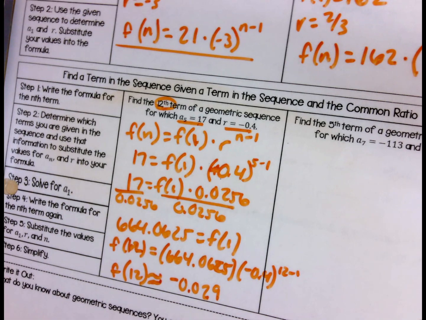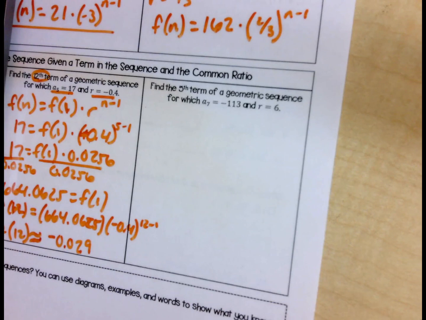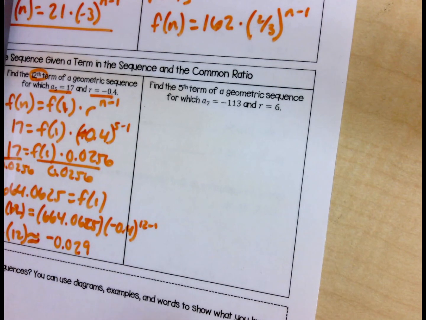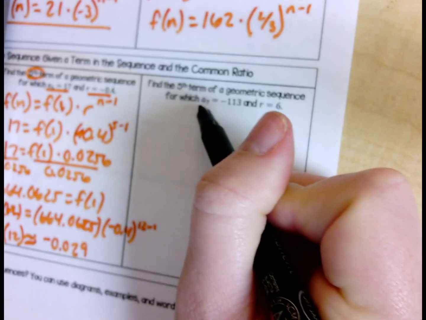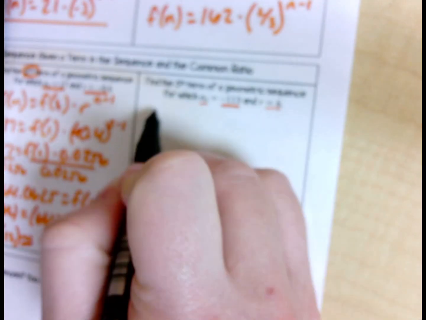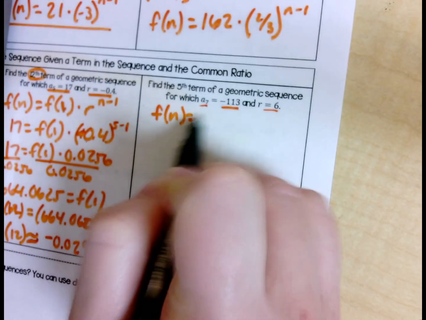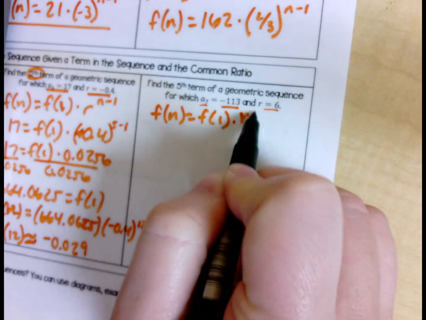Okay, so here we have, same thing over here, the fifth term of the geometric sequence is what we're looking for, we have the seventh term is negative 113, and we have the ratio. So f of n is equal to f of 1 times r raised to the n minus 1.